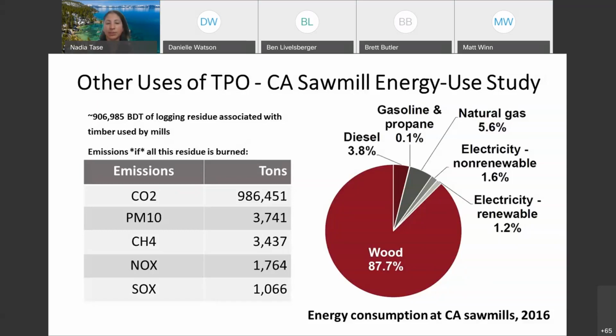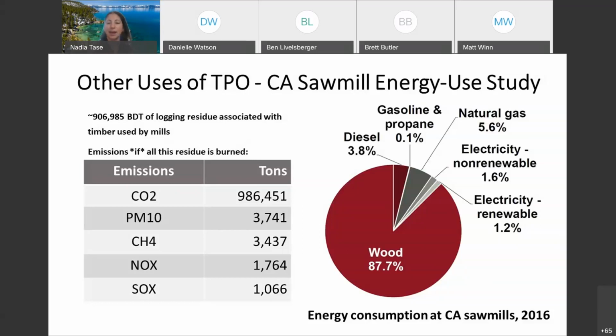So we had about 907,000 bone-dry tons of logging residue. And we were able to get the emissions profile if all of those residues were burned on site. They also did some extra calculations to determine the energy content, and I think they found that we had enough energy to power all of the 16 sawmills that were surveyed entirely, with some leftover.